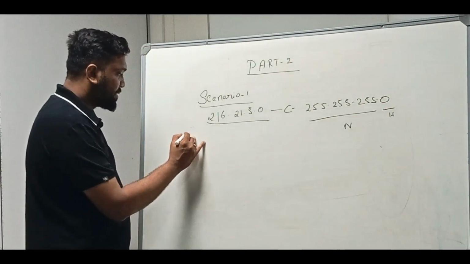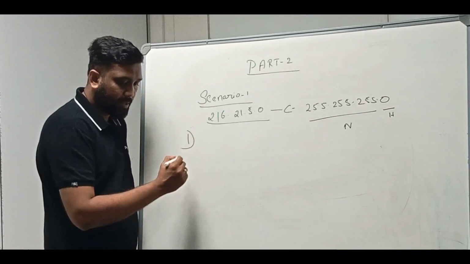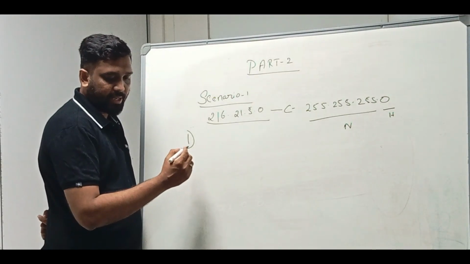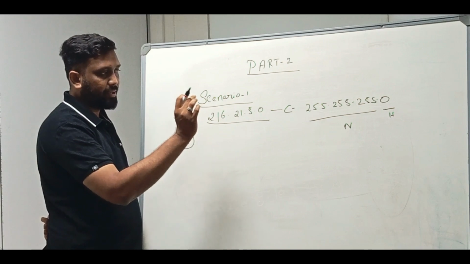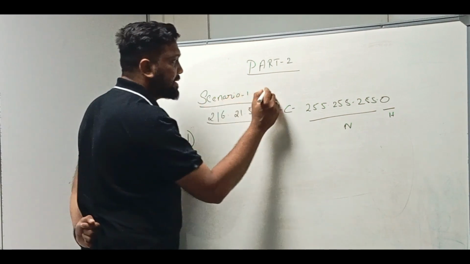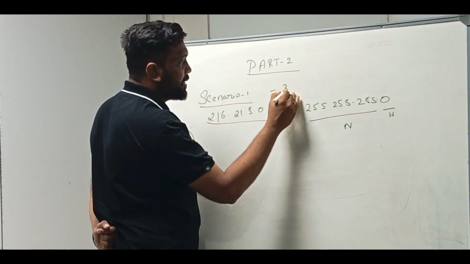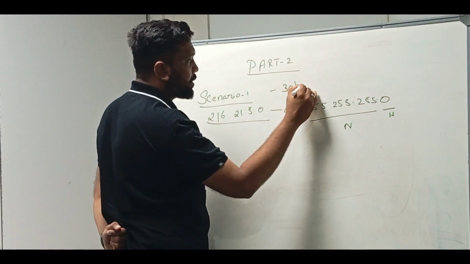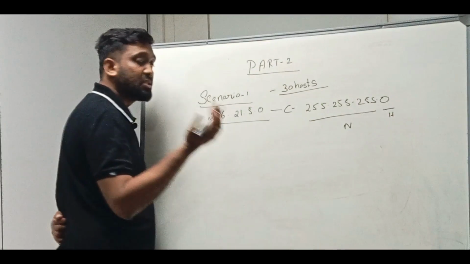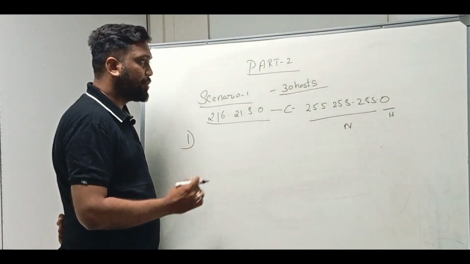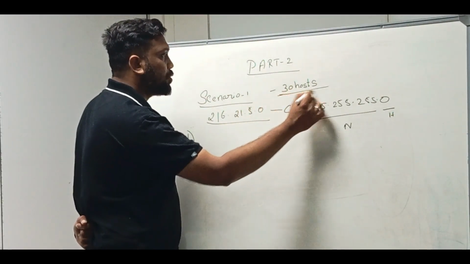Now, in the first scenario, first case, we need to determine the hosts and then convert into binary. In this scenario, I need 30 hosts per network. Earlier we saw how many networks we needed, but here we are going to discuss that I need 30 hosts.